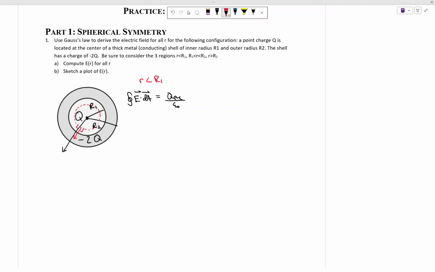Since E and A are parallel to each other, this dot product just becomes a product, E times A, and the charge enclosed in this case is just Q. Then the next thing we can take advantage of is, since we know it's spherically symmetrical, E at a given R is constant, so we can pull it out of the integral.